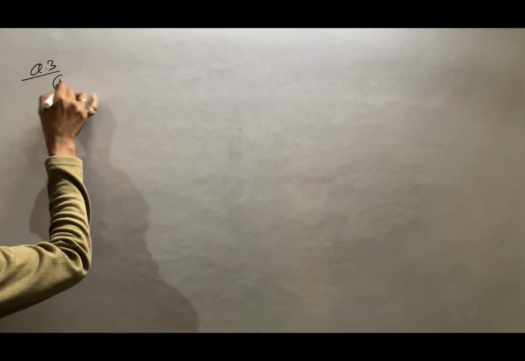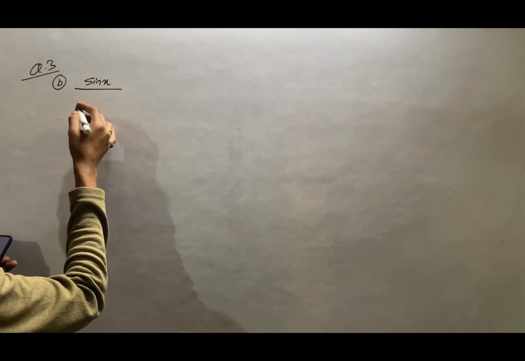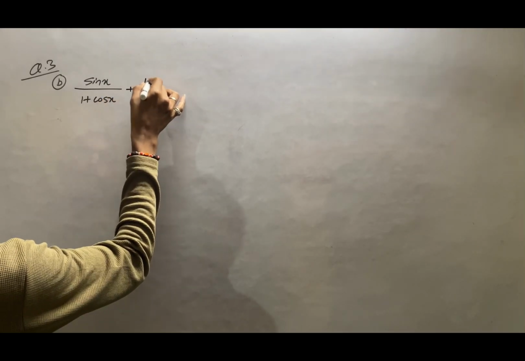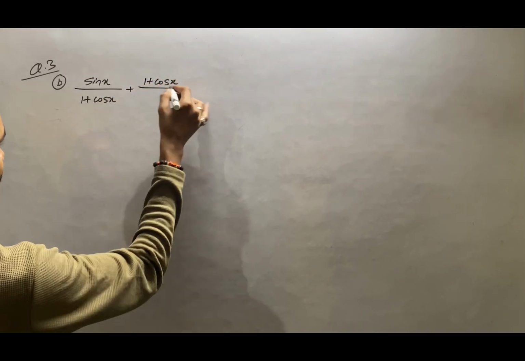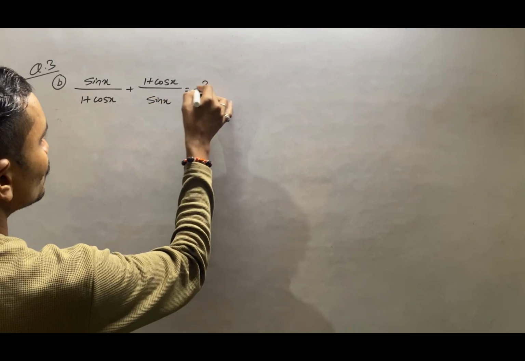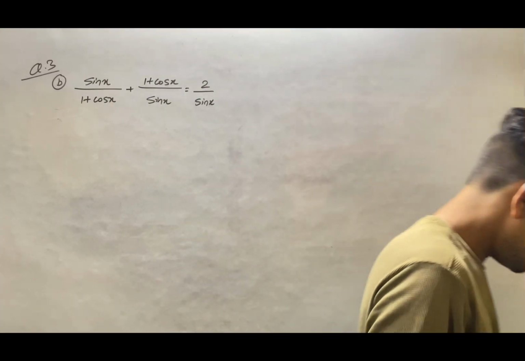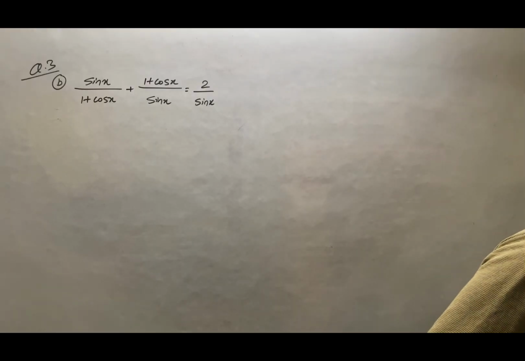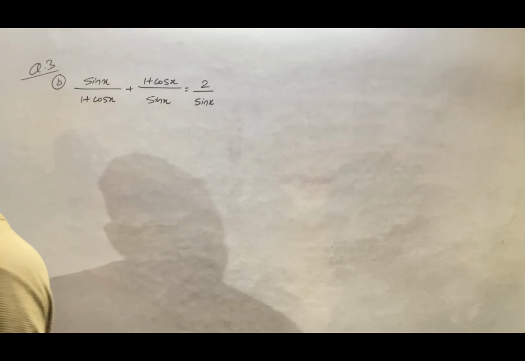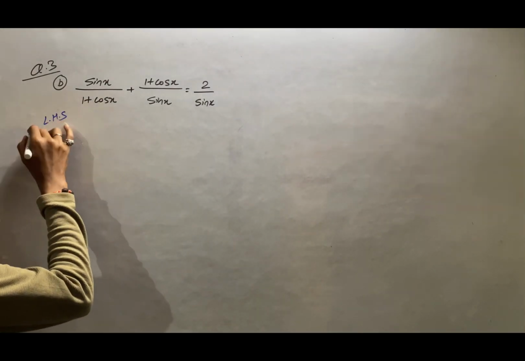Question third, B part. Here we have sine of x over 1 plus cos of x plus 1 plus cos of x over sine of x, and we have to prove 2 over sine x. So just let me know how we will approach this question in LHS.